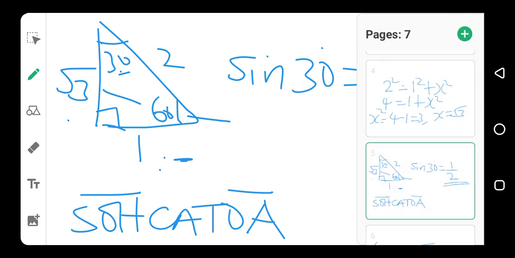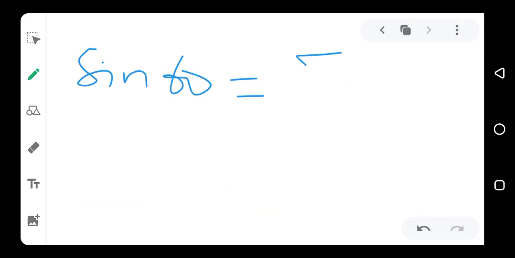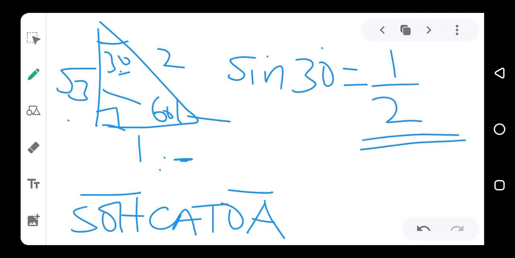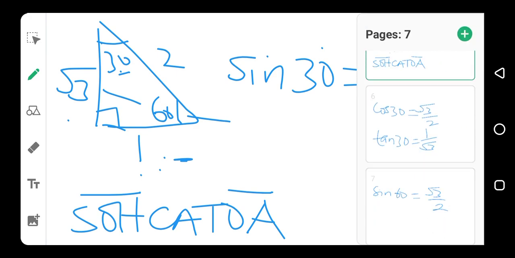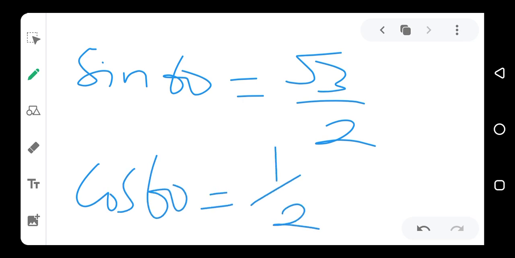While cos 60 is equal to adjacent over hypotenuse, which is adjacent is now 1 and hypotenuse remains 2, 1 over 2. So cos 60 is equal to 1 over 2.